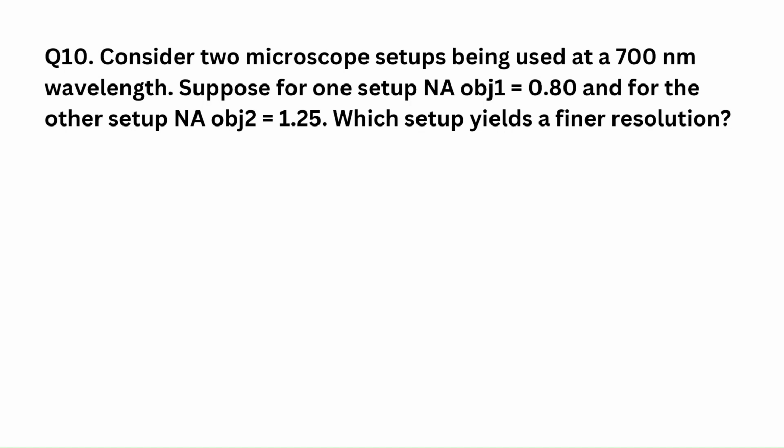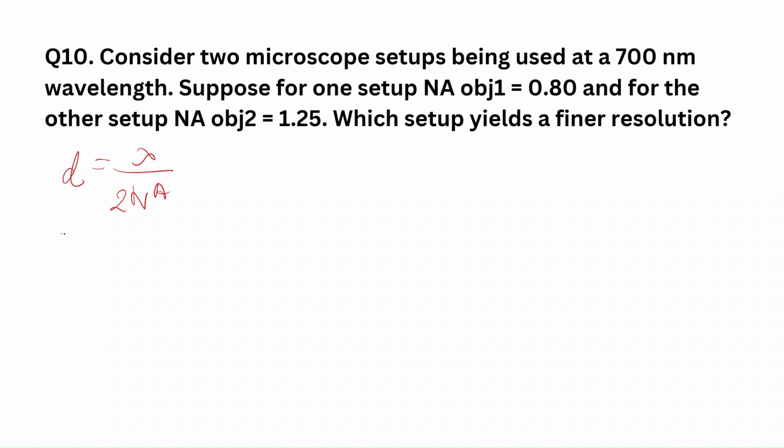Okay, so I'll solve it. The formula for resolution: if you consider D as the resolution of a microscope, then D equals lambda divided by 2 times NA, where NA is the numerical aperture.